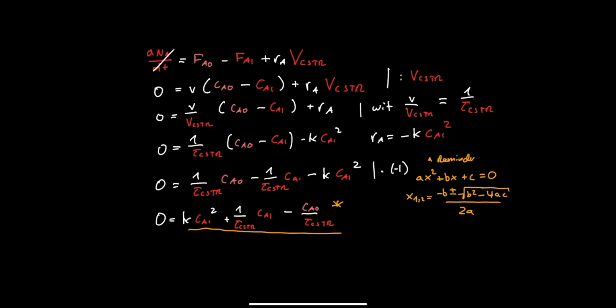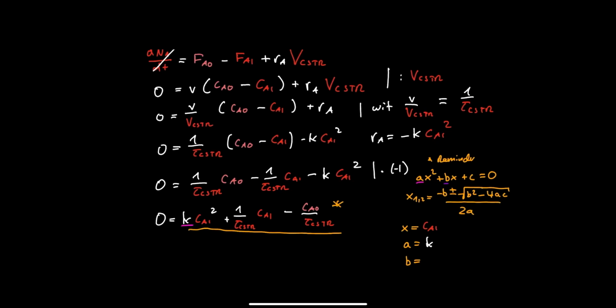In our context, the variable x is CA1. The a term is the one in front of CA1 squared. In our case, this would be K. B is going to be equal to the term in front of CA1 elevated to 1.